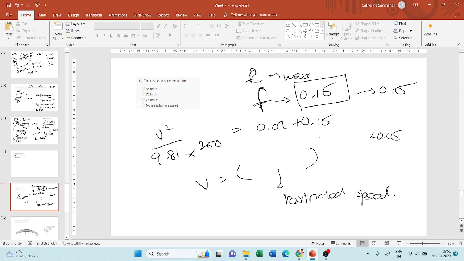So in that case, you are not going to restrict the speed of the vehicles. So you can say that there is no restriction on speed. Only when F has also reached the maximum limit will you go for reducing the speed of the vehicles, which you will do by this method.